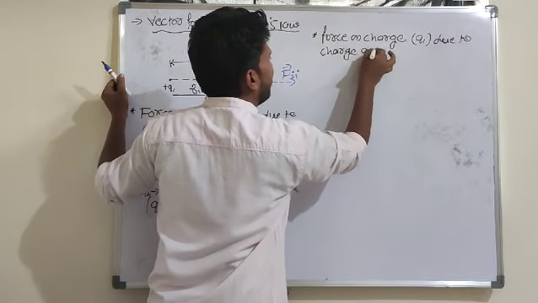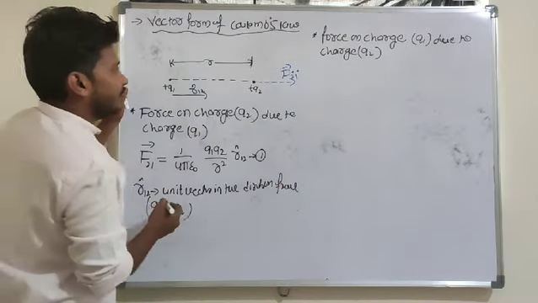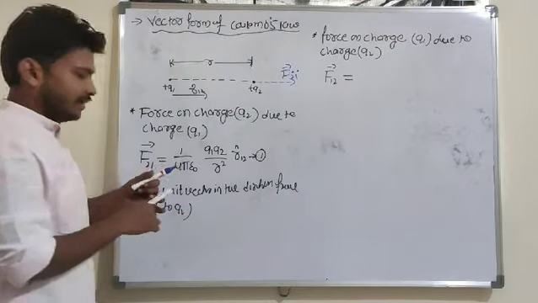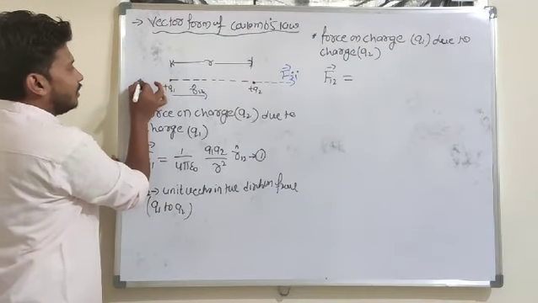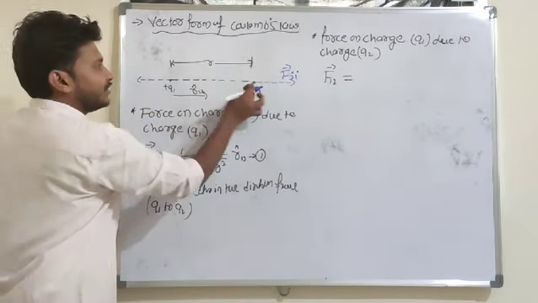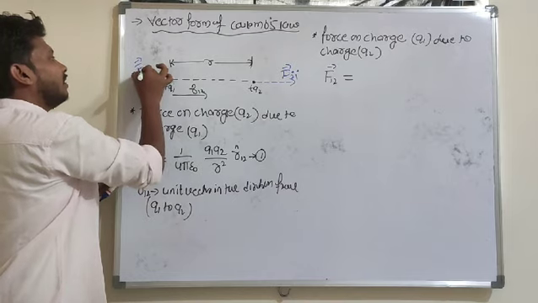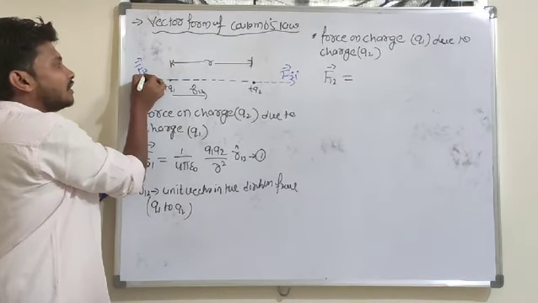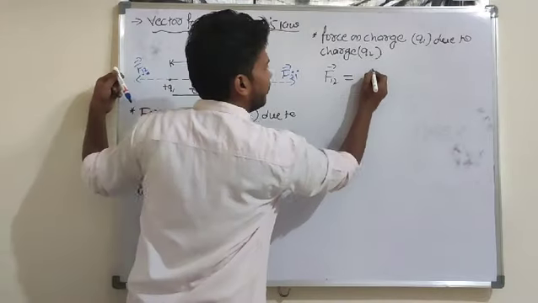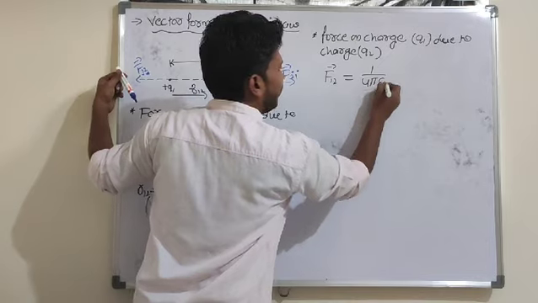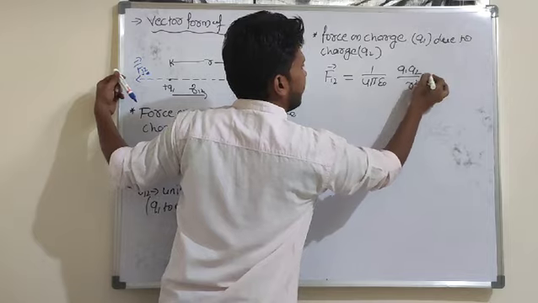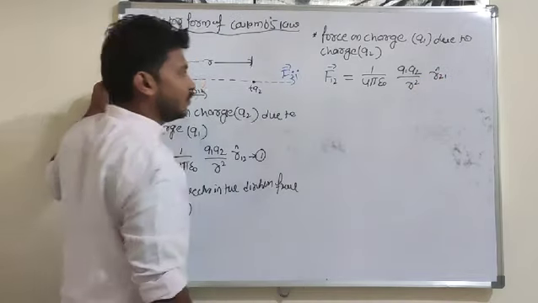So F12 is equal to 1 by 4 pi epsilon naught, q1 into q2 by r square, r cap of 21 here.